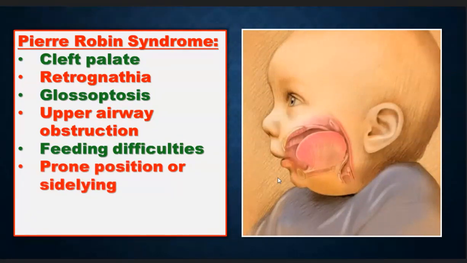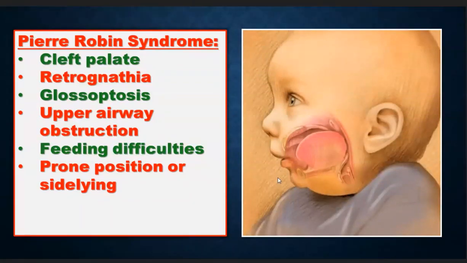So this is the proper action with those patients. They should be put in a prone position or side lying if they are awake. No, not just if they are awake, even if they are sleepy. Why, doctor? To prevent upper airway obstruction? Yes. By this position, you can prevent the glossoptosis.